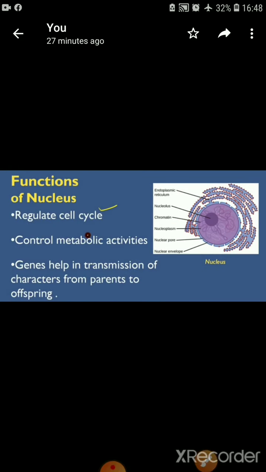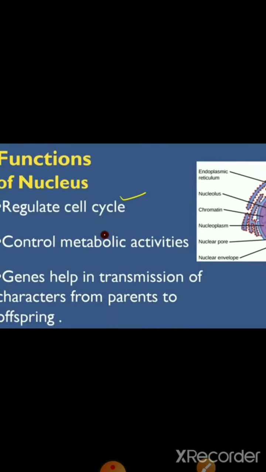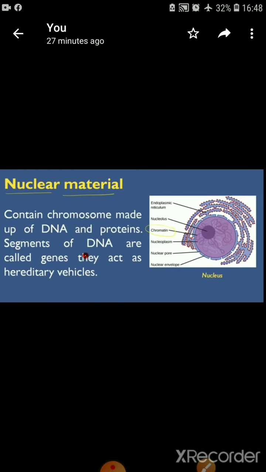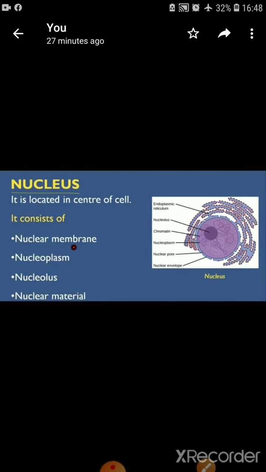Moving further, next topic: what are the functions of the nucleus? Here we have discussed the different parts of the nucleus. First, the nuclear membrane, the wall which separates the nucleus from the cytoplasm.